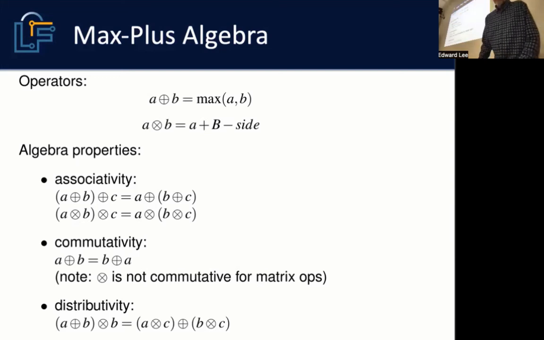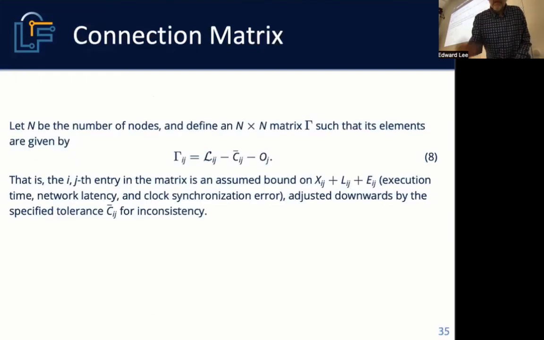Okay, so we've got an algebra, and in this algebra, you can define a matrix. Actually, we have to step outside the algebra to define the matrix. So the matrix elements are going to be calculated in ordinary algebra, where the ijth element is the apparent latency minus your tolerance for inconsistency minus the processing offset.